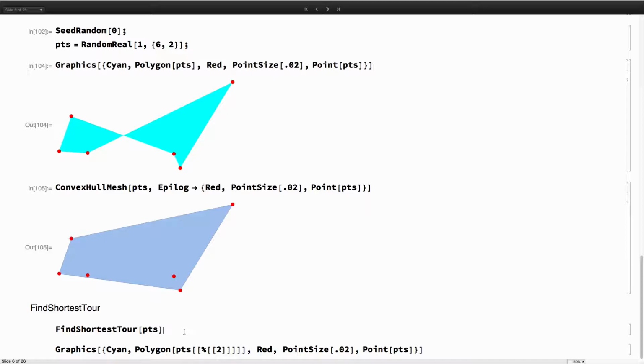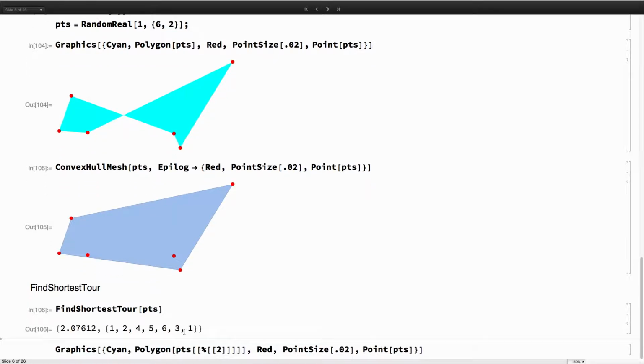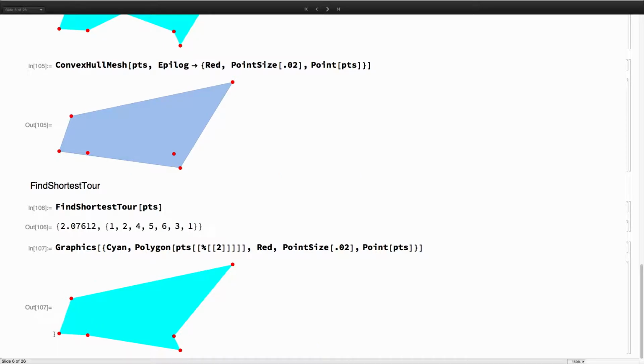This question turned out to be solved like a Chinese postman problem. What this function does is find the path touching every point without self-intersecting. This is the order of the given points, and if you use this order, you see now you have a polygon satisfying our requirement.